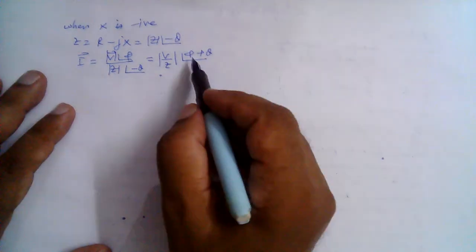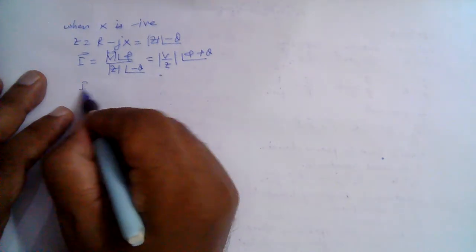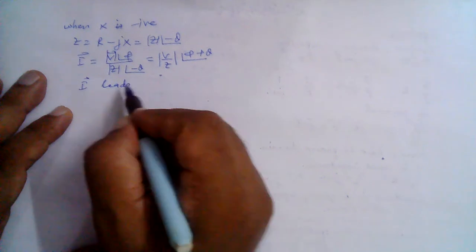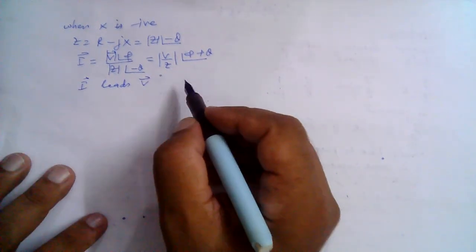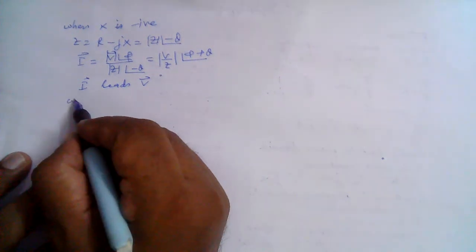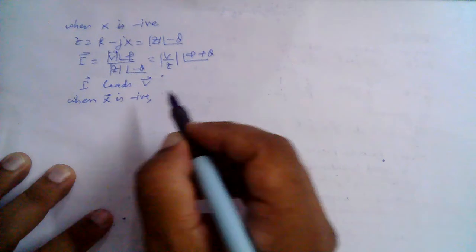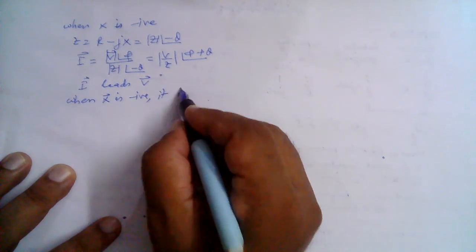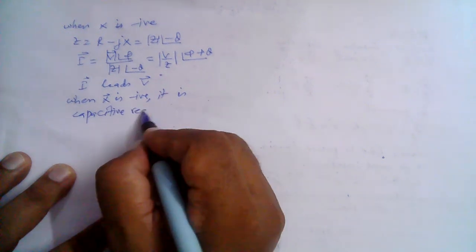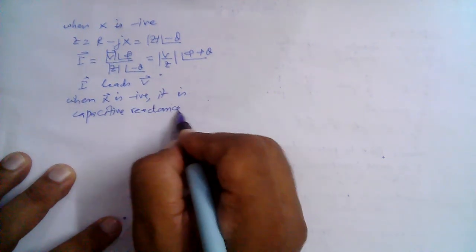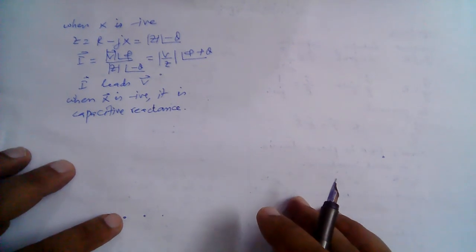So this angle is larger than this angle here. So in that case, I leads V, which is a capacitive behavior. So when X is negative, it is capacitive reactance. The behavior of the circuit is said to be capacitive in that case, right?